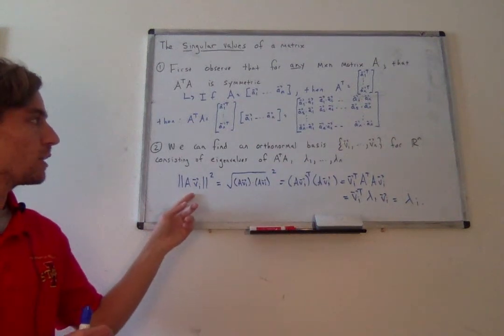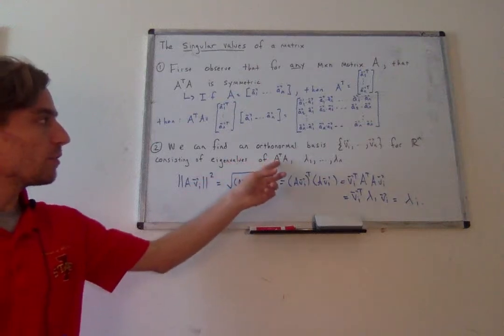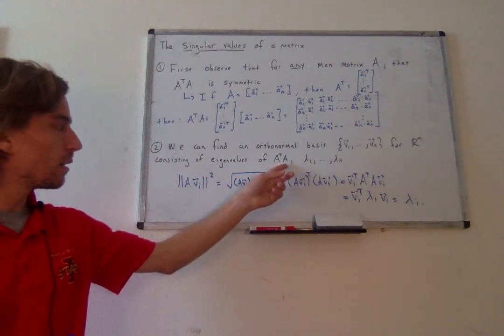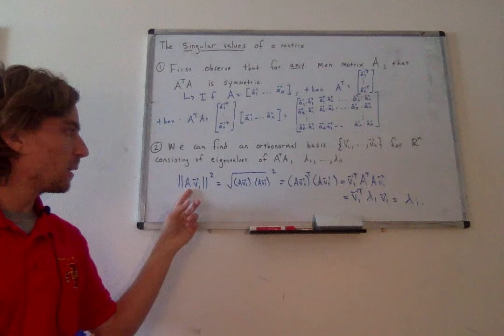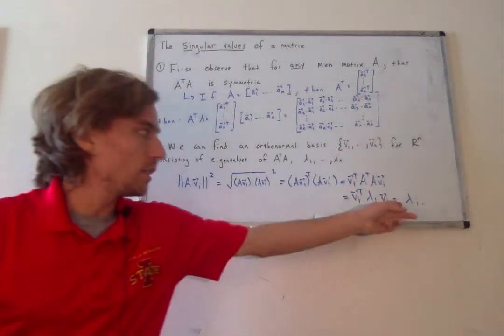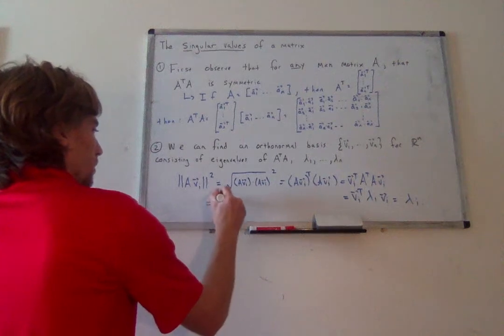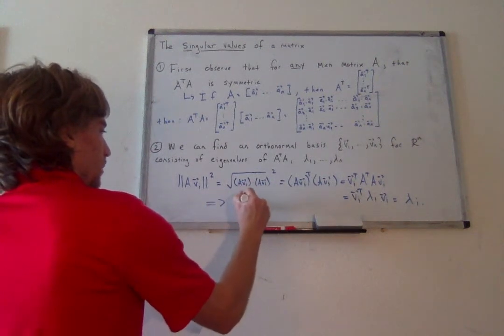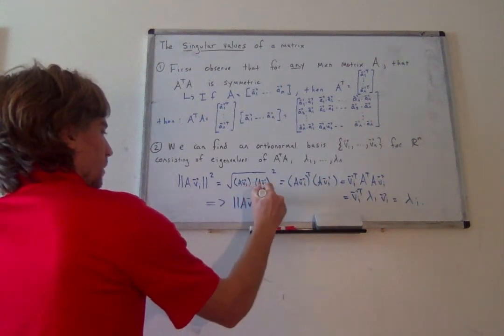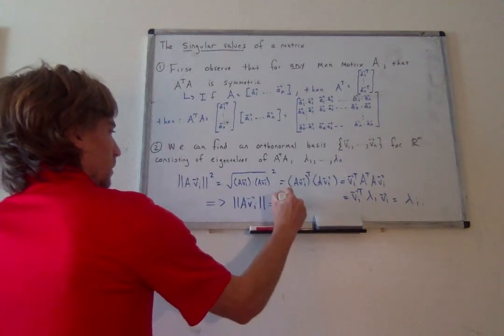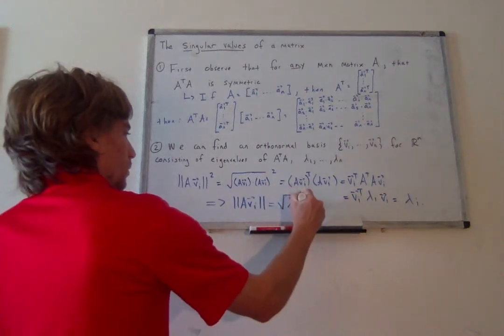What we've just shown is that if we look at the unit eigenvectors for A transpose A, then the length of A times Vi squared is equal to this eigenvalue for A transpose A. But so this means that the length of A times Vi is equal to the square root of lambda i.